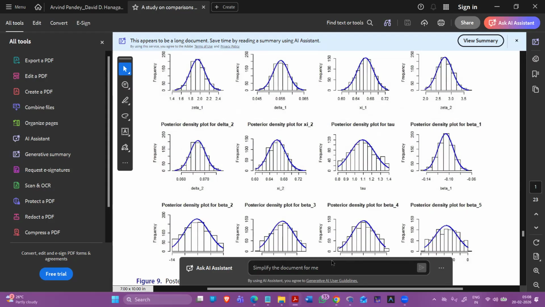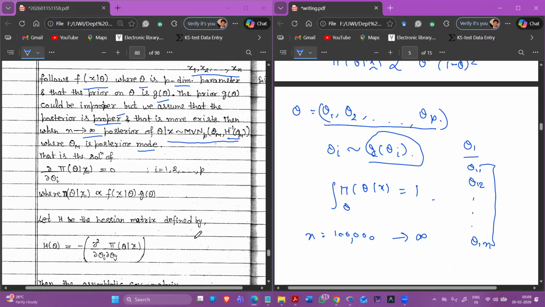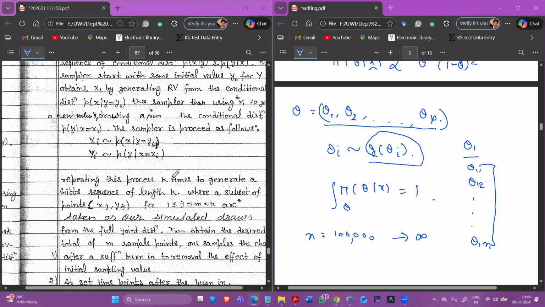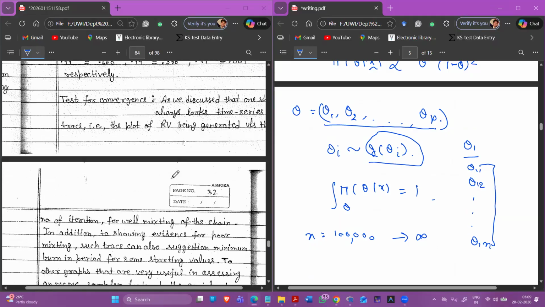Okay, it is not converged properly. When you say it is not converged properly, what is the meaning of this? How will you check that?